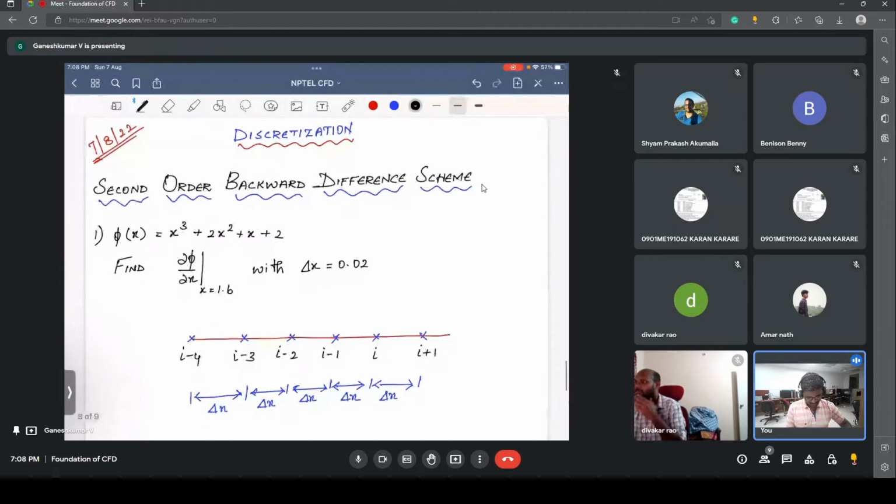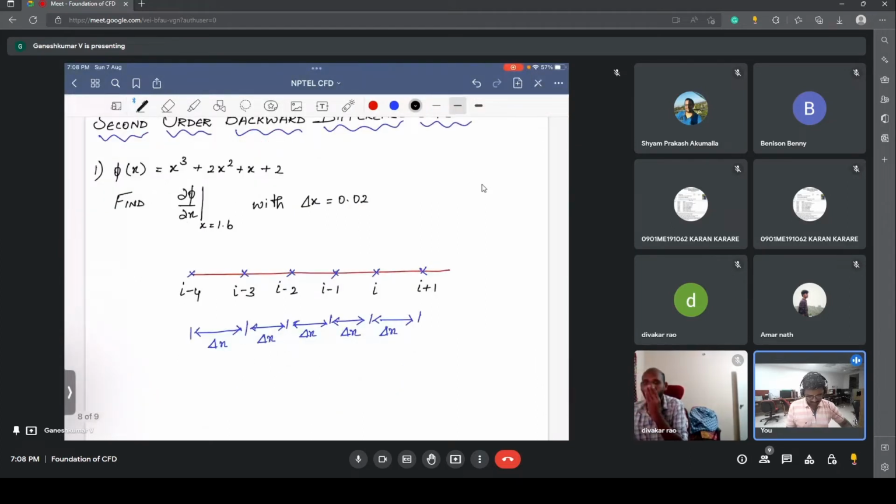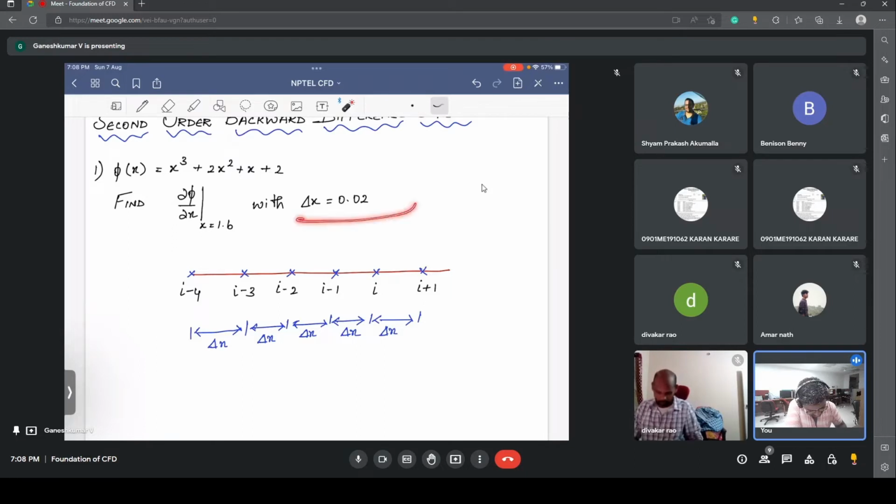The statement is: we have a function phi, a polynomial function. We need to find the value of the derivative of this function at x equal to 1.6. Here we are going to take the step size delta x to be 0.02.